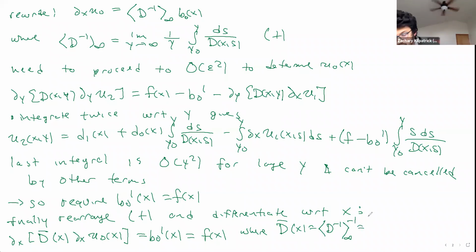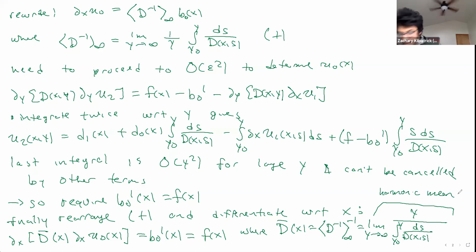So we get that this is equal to the limit as y goes to infinity of y divided by the integral from y0 up to y of ds over d of x, s. This is, as I said, sometimes called the harmonic mean of this function.